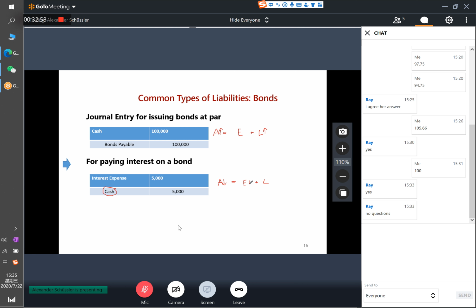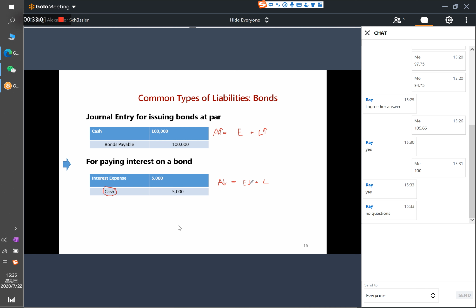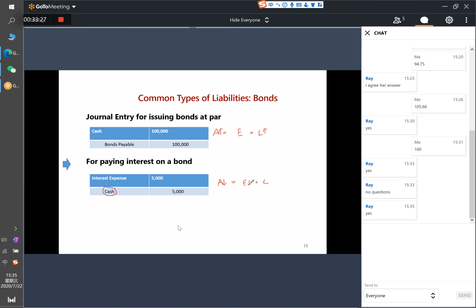And equity is down because interest expense is an expense, of course, and an expense reduces your net income. Reduced net income leads to reduced retained earnings, leads to a reduced equity. Yeah, good. Do you agree? The others, does that make sense? Good. Okay, that's fine.